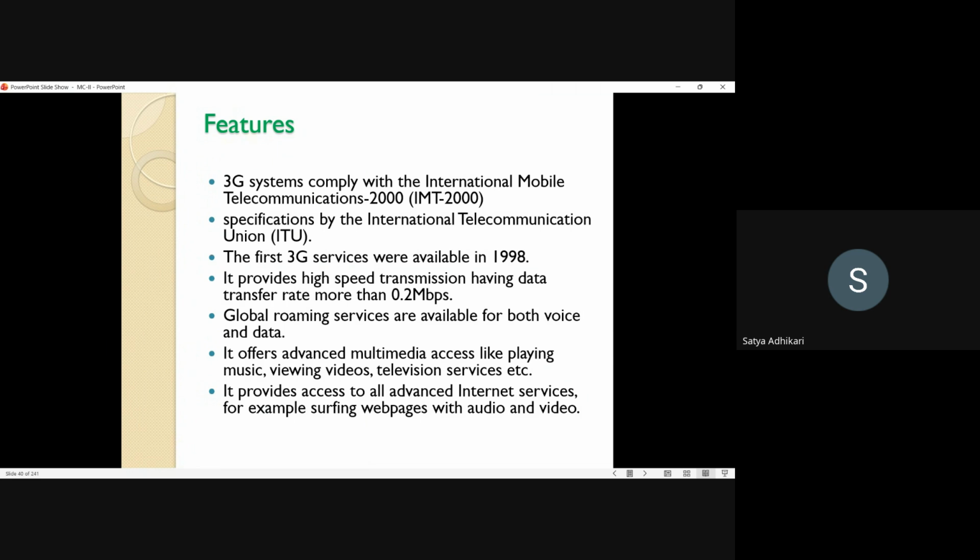It offers advanced multimedia access like playing music, viewing video, television services. These features were not available in GSM network. No television services, no videos. It provides access to all advanced internet services, for example, surfing web pages with audio and video. So these are the features of 3G mobile phones.